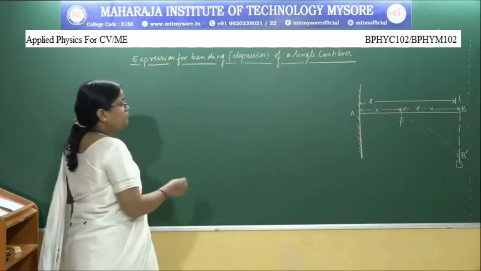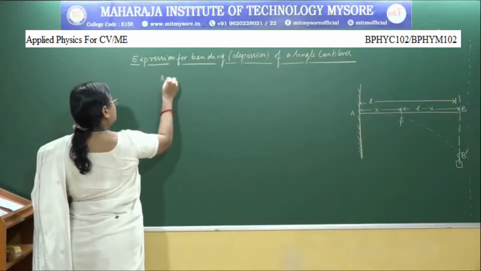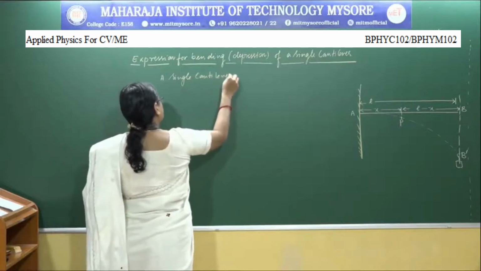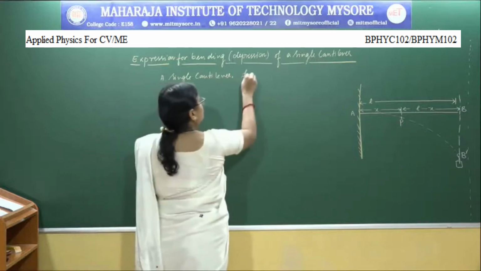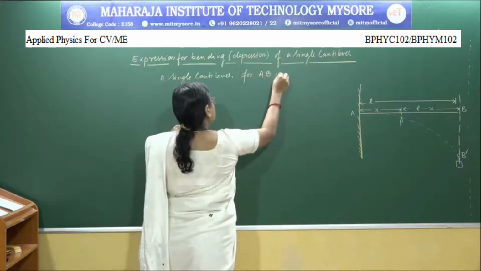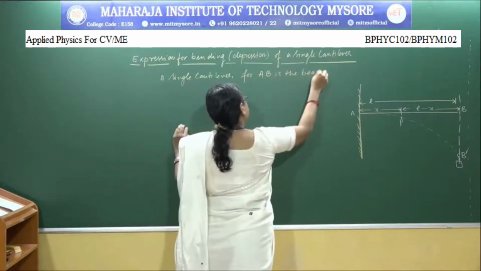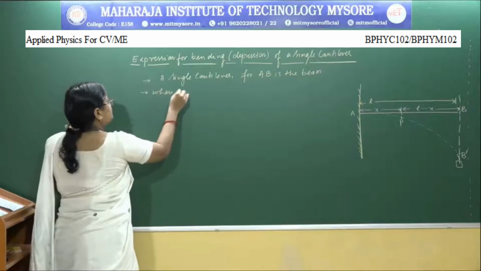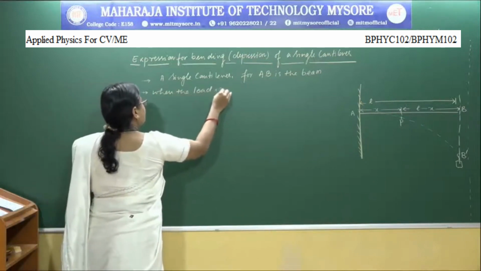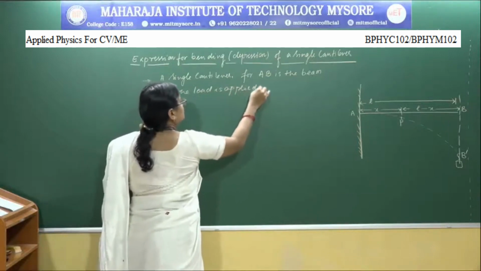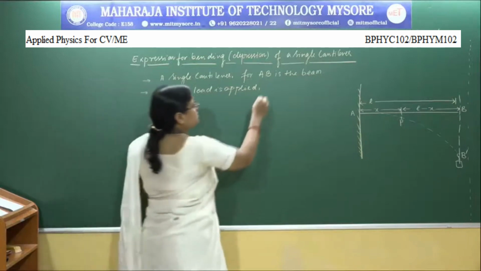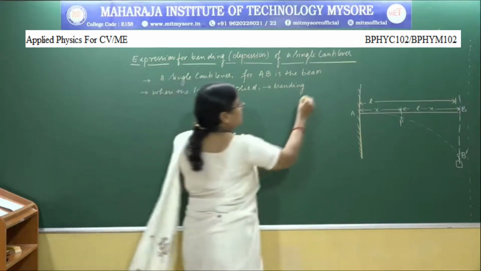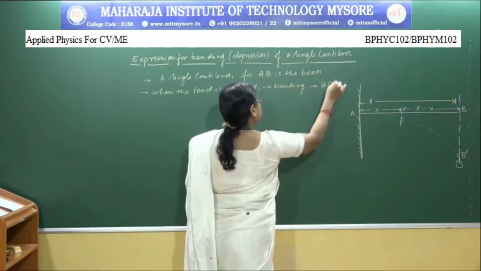So what have we considered till now? We have considered a single cantilever for which AB is the beam. When we apply the load, the beam undergoes bending and the amount of bending is BB dash.